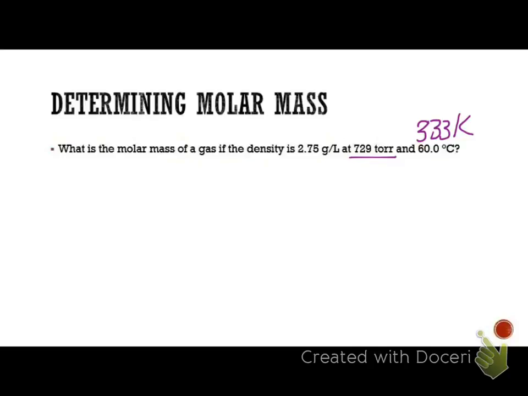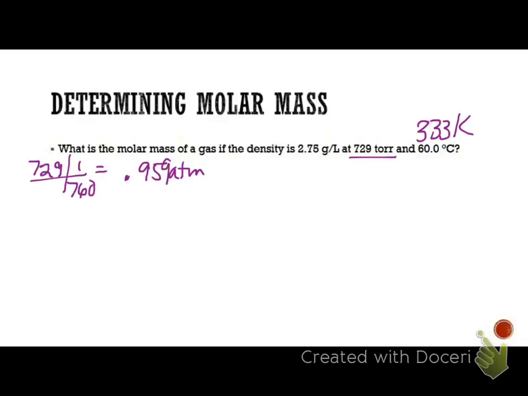Can I use the R value in torr? No. So we're going to convert that real quick. 729 divided by 760 is 0.959. That makes a difference.